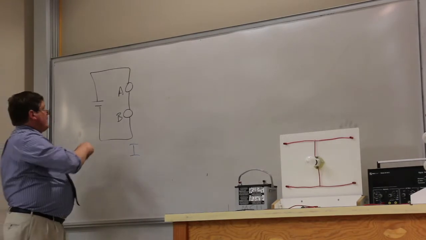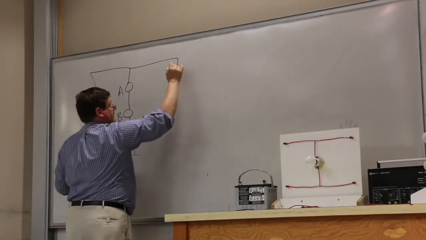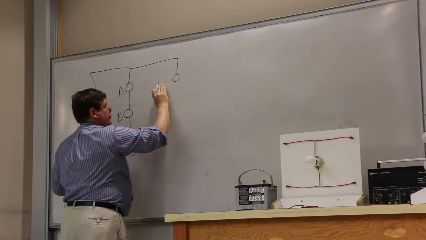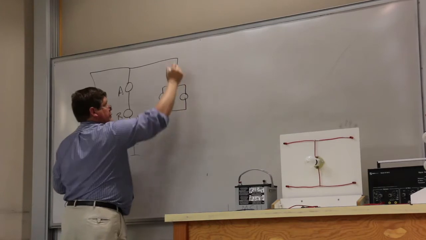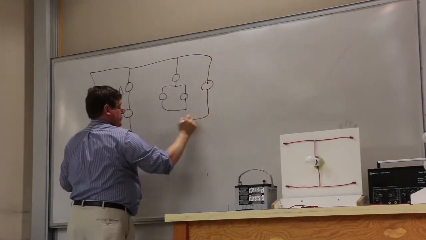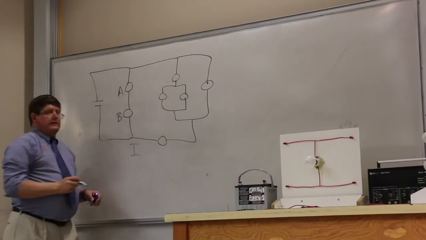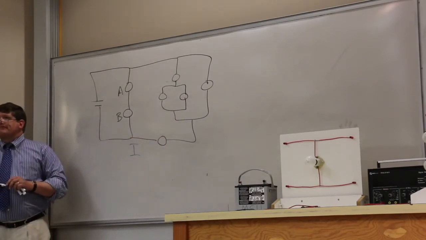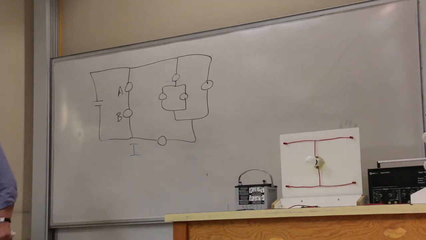Now, if I look at the rest of the circuit, it looks all messy. Now, here's the thing. When you're in an argument with someone, you never want to let them frame the debate.